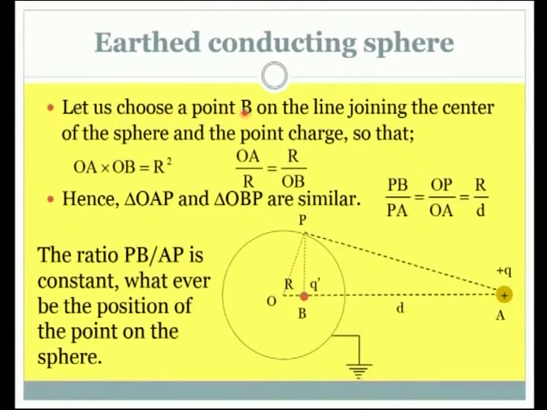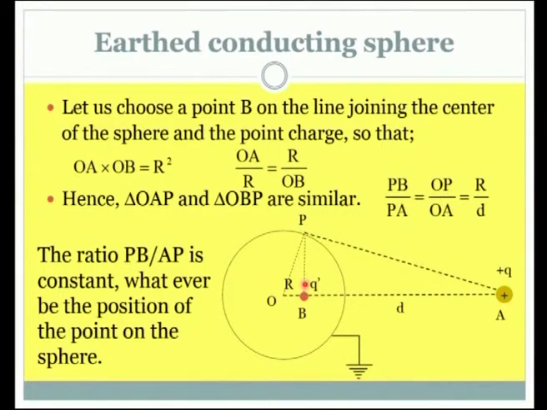Let us choose a point B on the line joining the center of the sphere and the point charge. So, this is the point B, and we would like to fix a charge q dash at this point. On what basis are we choosing it here? Because the entire sphere has to be replaced by this q dash.